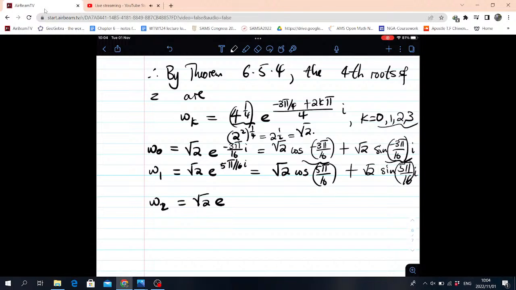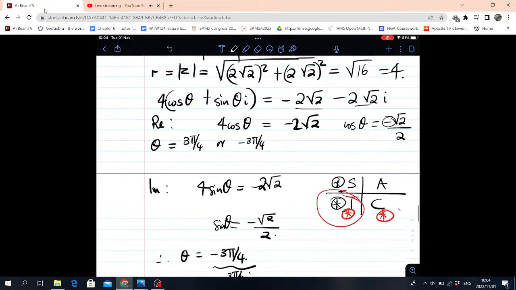So we get 13 pi over 16 i, which is the square root of 2 cos 13 pi over 16 plus root 2 sine 13 pi over 16 i.